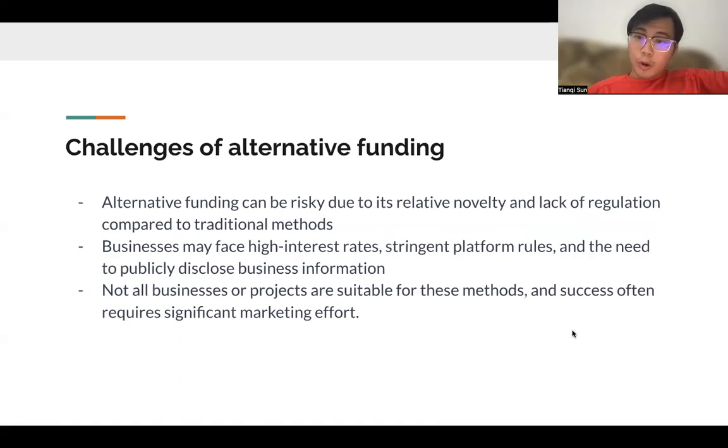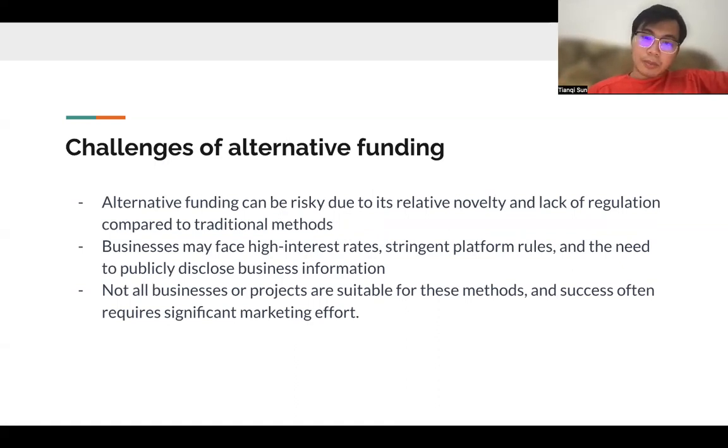Again, the double-edged sword analogy: there are challenges to alternative funding. It can be really risky because it's quite new and it lacks regulation currently. You see a lot of people going to jail for not doing this correctly, because it creates a lot of fraudulent behavior, especially in crowdfunding, because a lot of times they just want to fool the public into giving them money.